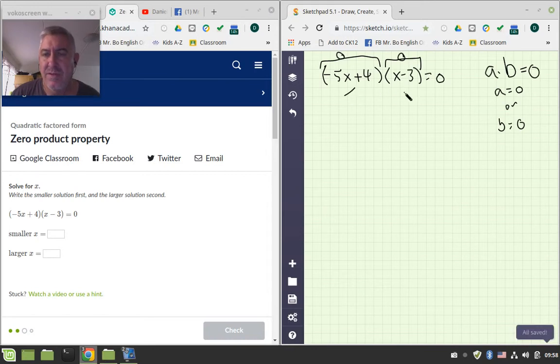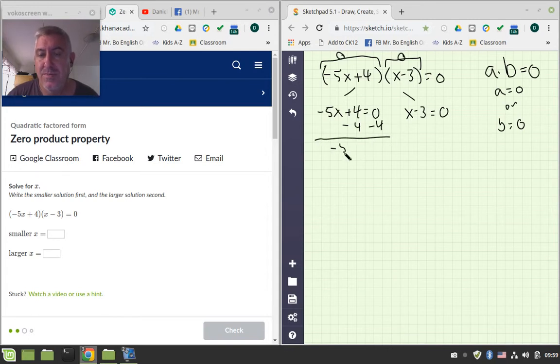So I'm going to divide those up into two equations. Negative 5x plus 4 equals 0, or x minus 3 equals 0. So one of these is true, and maybe both are true. But if they have different answers, then they can't both be true at the same time. So one or both are true.